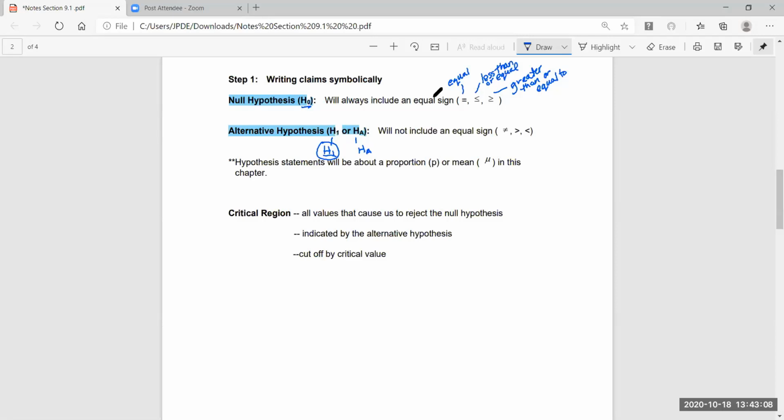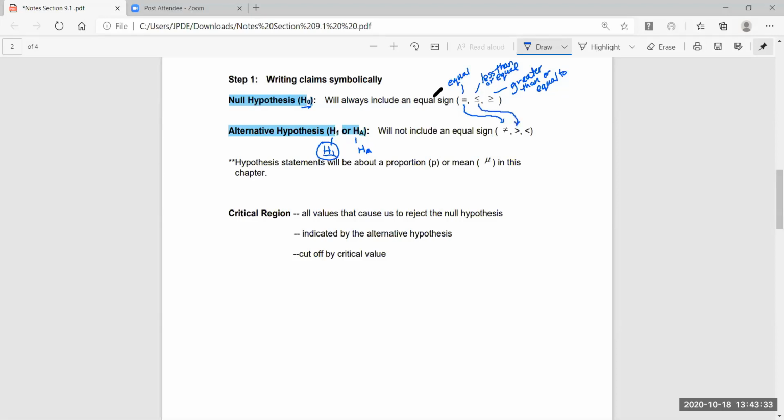And it's essentially the complement of what you have in your null hypothesis. So if you have an equal in the null, you'll have a not equal in the alternative hypothesis. If you have less than or equal, you will have greater than.